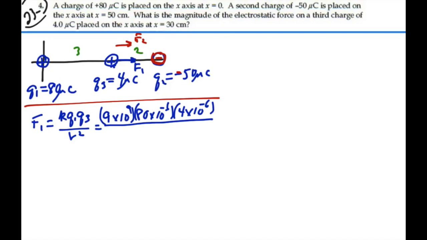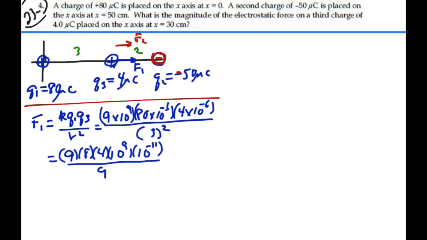And the distance between them is 30 centimeters or 0.3 meters squared. So this is going to be equal to 9 times 8 times 4 times 10 to the 9. And then we'll have 10 to the minus 5 times 10 to the minus 6, which would be 10 to the minus 11, over 9 times 10 to the minus 2.